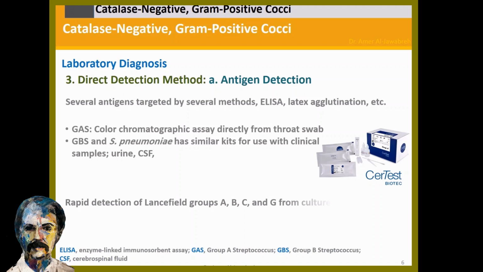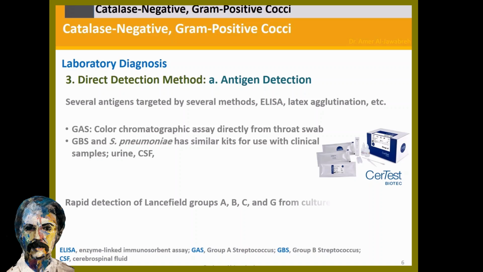So we have GAS kits like these, and these kits save time as they are quick, and sometimes we used to detect this directly from the throat. In the early 90s, for Streptococcus pyogenes group A we used to do 2 tests.